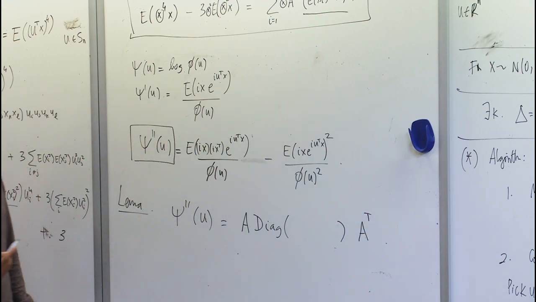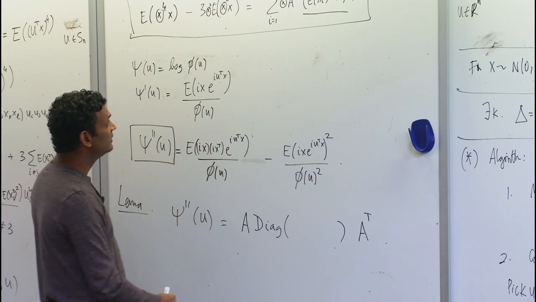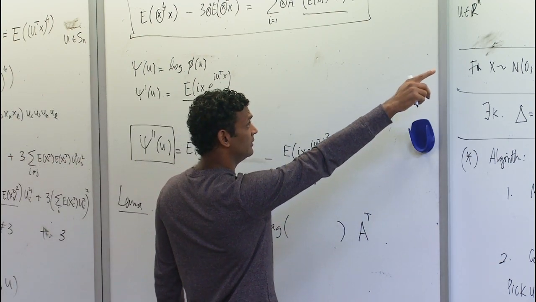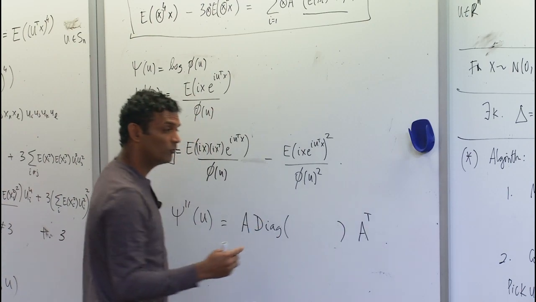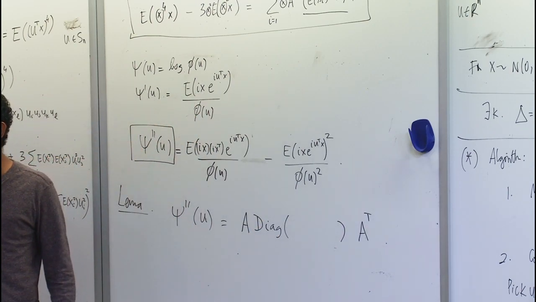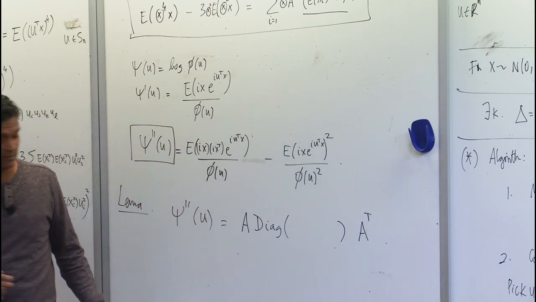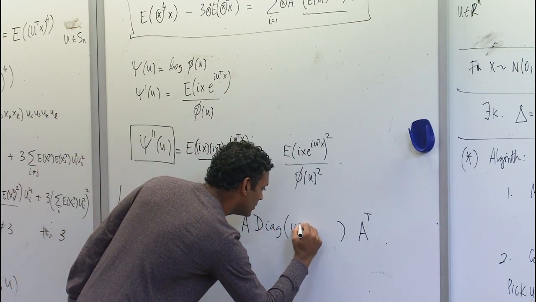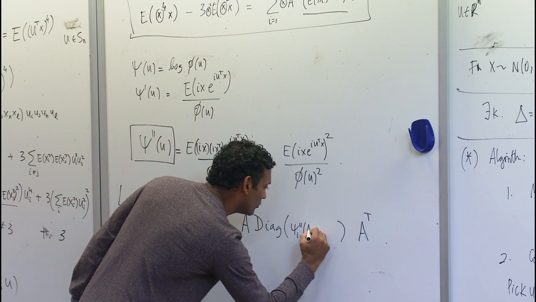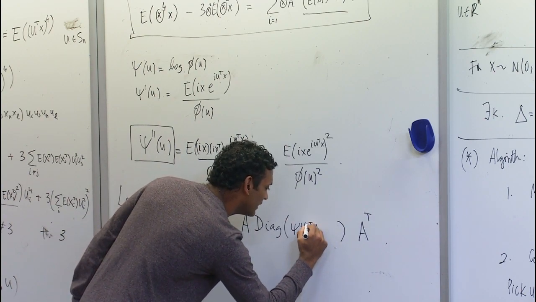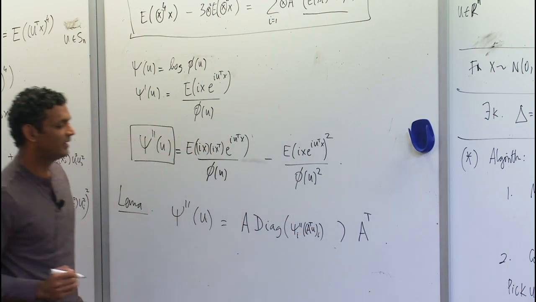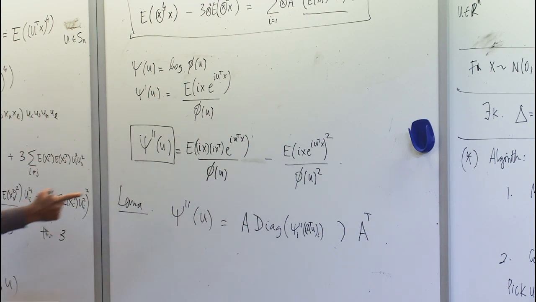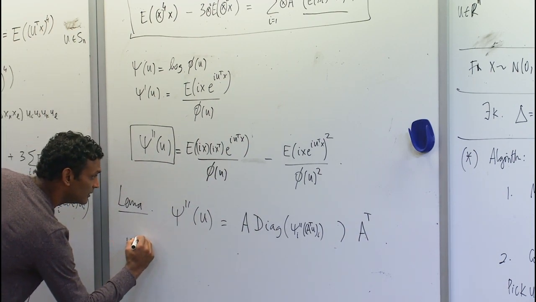And the diagonal matrix will have as diagonal entries the same second derivative function, but applied to each individual coordinate of the unknown product distribution Si. So it's the psi i double prime applied at the point A transpose u of i as a one-dimensional function. So what is that? Let's just write it explicitly.